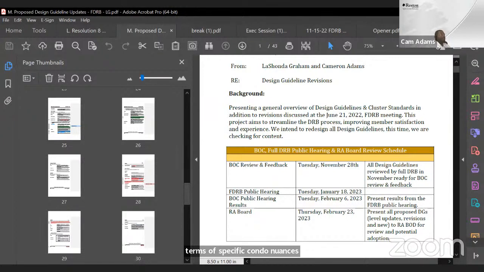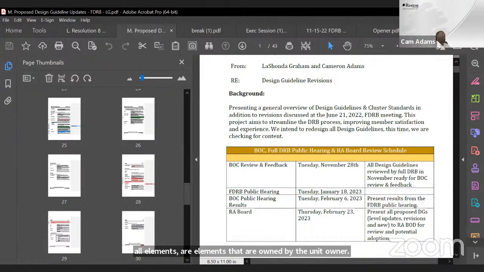So like the air conditionings might be one, or if there's something specific related to an element that is condo specific. But the thing about condo design guidelines is not all elements are elements that are owned by the unit owner. Sometimes they're owned by the condo association.